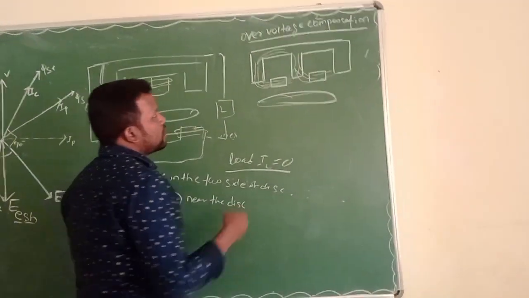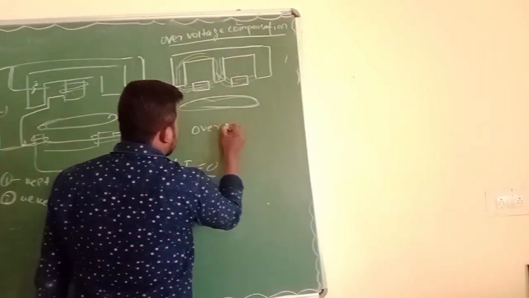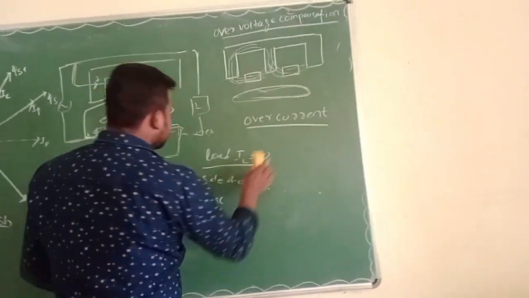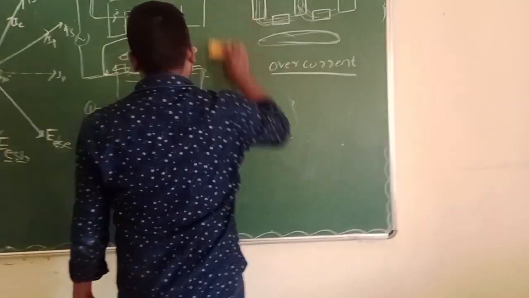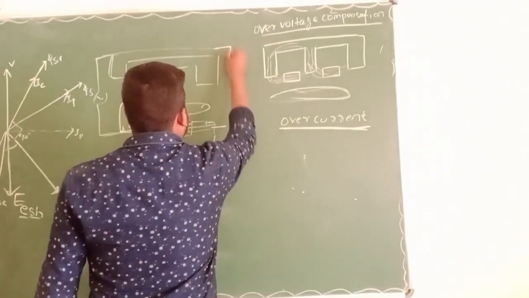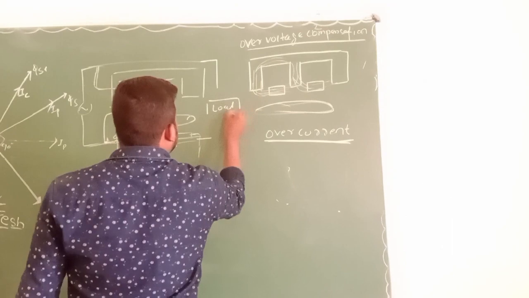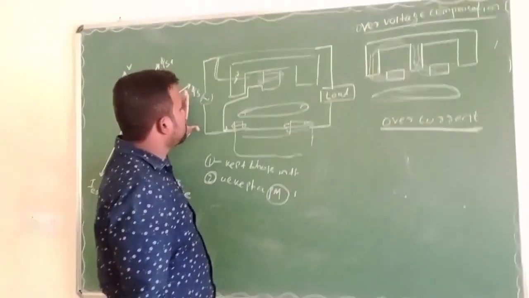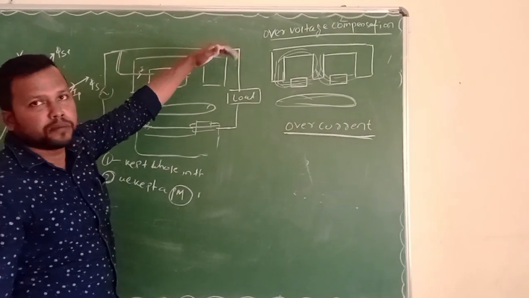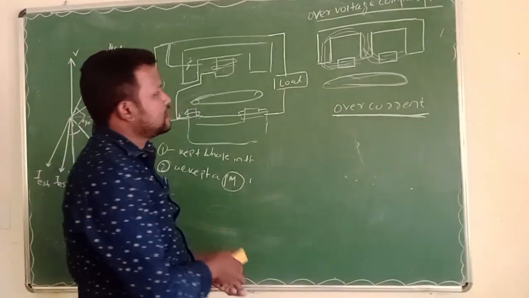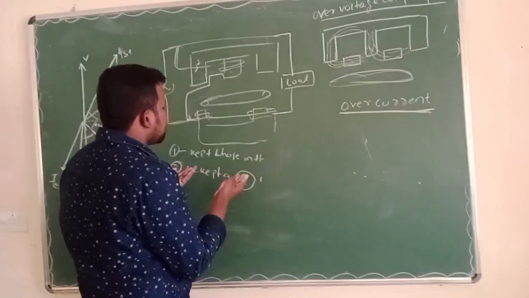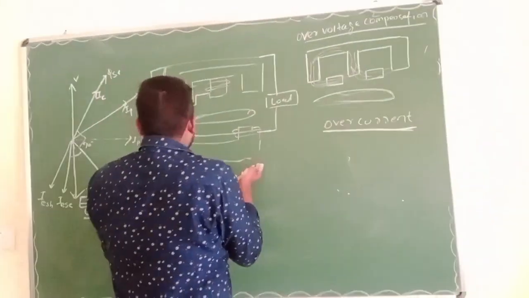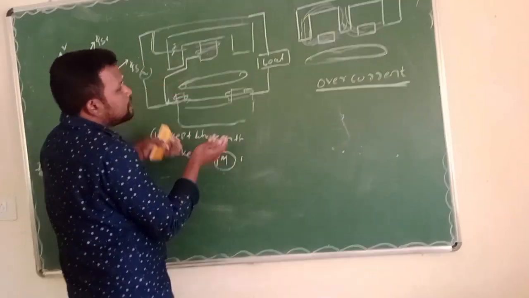And now the condition of overcurrent. If somehow the supply voltage is given and there is much more current to the load, the series magnet flux will be much more than the shunt flux.